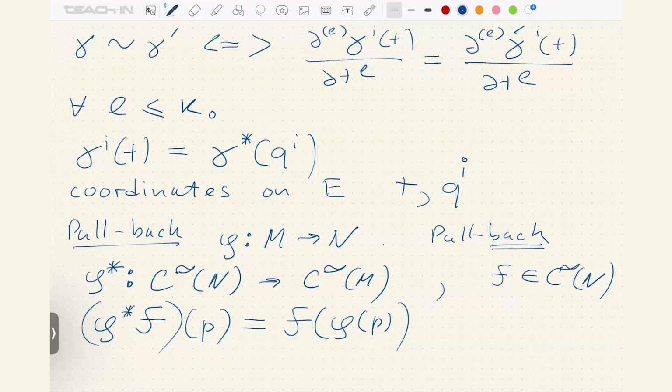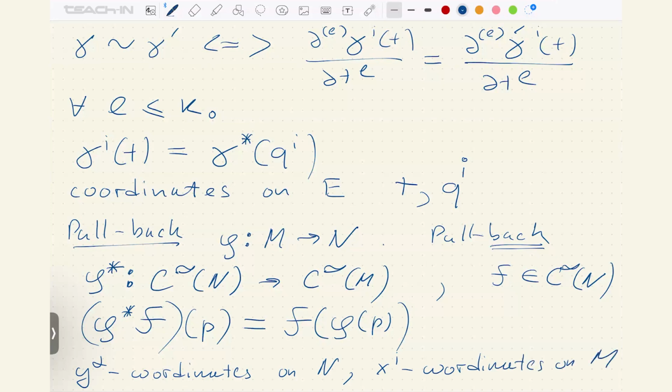For instance, if y^alpha are coordinates on N and x^i are coordinates on M, then how do we define the map phi in coordinates?